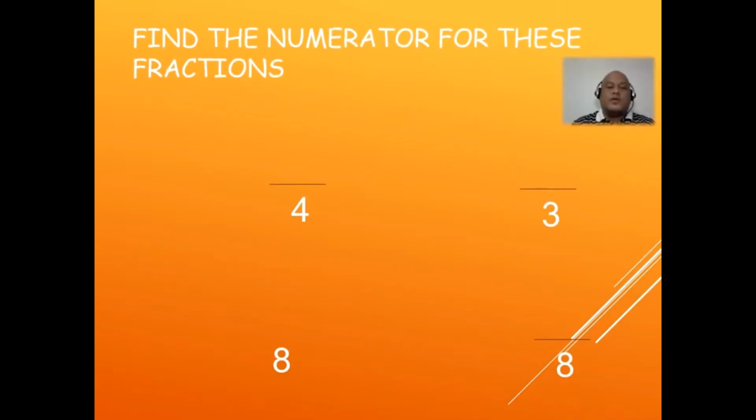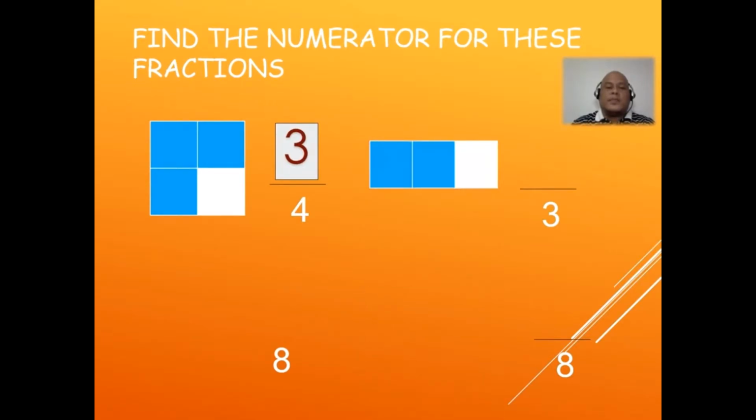Let's find the numerator for this fraction. I have here a square. This square is divided into 4 equal parts. I colored 3 parts of this square. What is the numerator? 3. Or we can say 3/4.